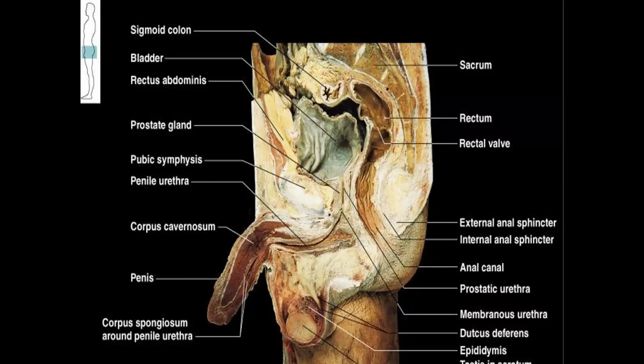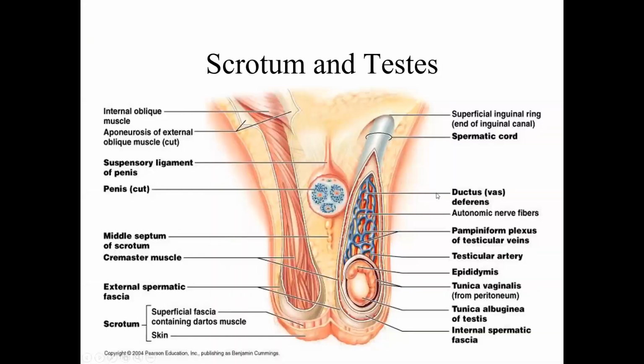The sperm cells are produced in the testes, and semen is produced at the seminal vesicle. I'll show you that here in a second. They combine at the prostate gland and then go through the urethra, through the penis for release. Now here we see a close-up of the scrotum and the testes.